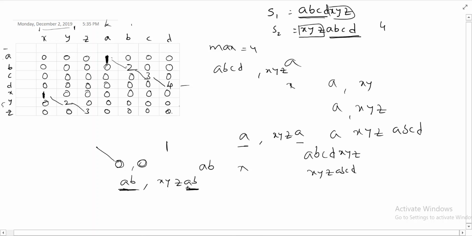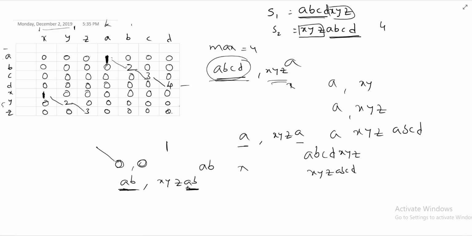But we need to return ABCD because ABCD is the maximum that we find. So how we keep track of this particular string is also something we will see when I code it. So this is the approach for how we find the common substring of the two given strings. I'll code this out now.